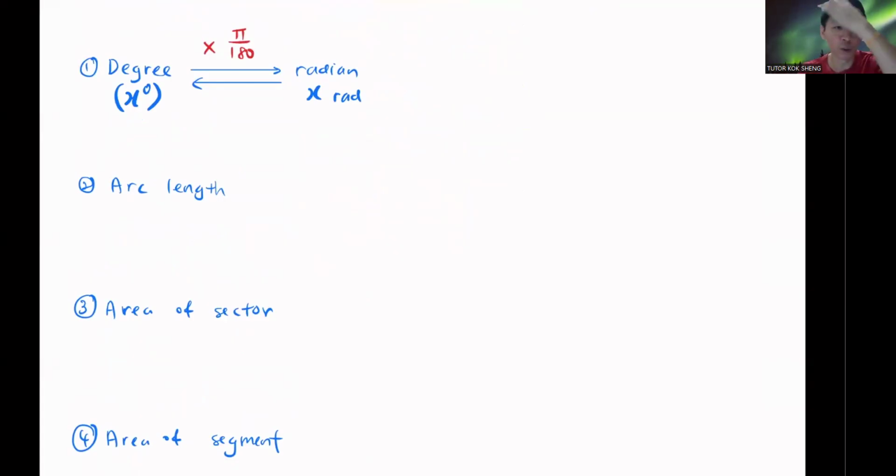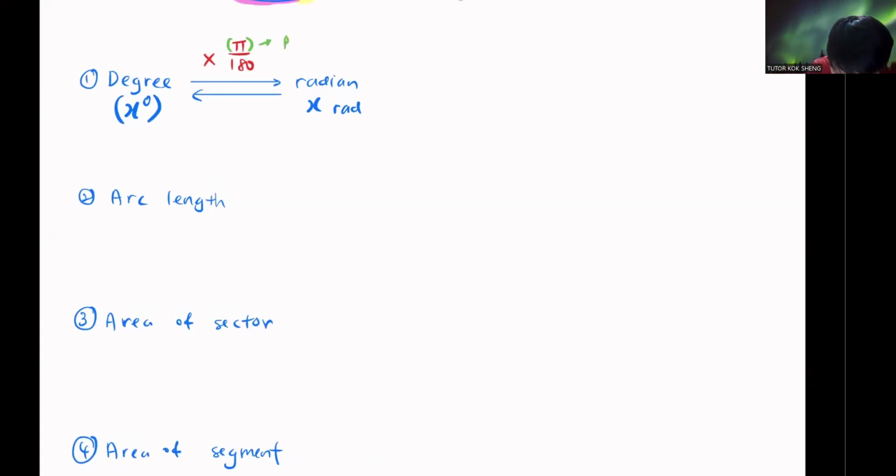But this pi depends on your question. If the question gives you pi, like 3.142, you can go ahead and use it. If not, you can just press it with your calculator. Try not to use 3.142 if the question does not state it.